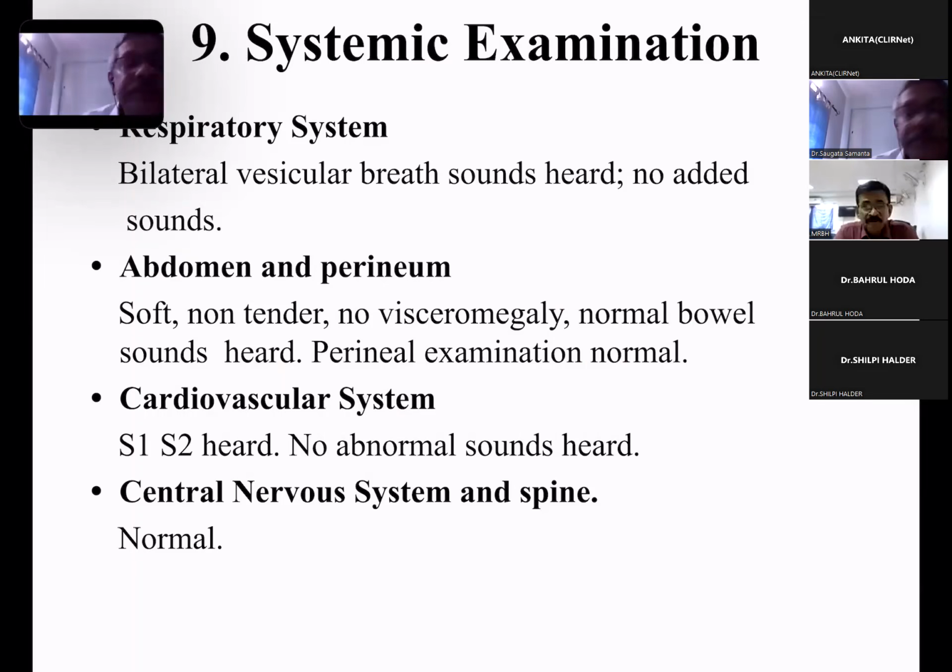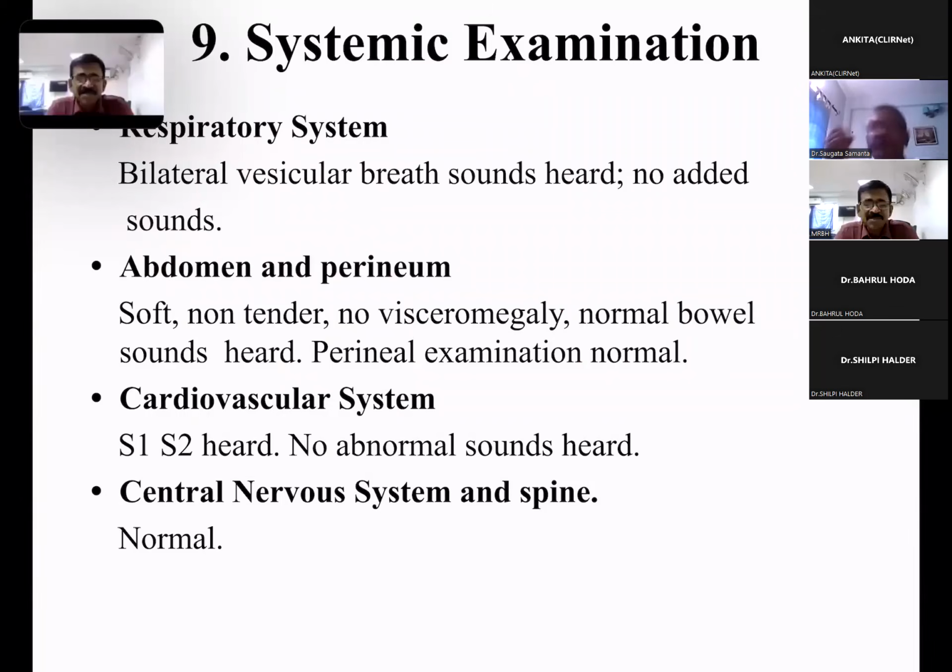You cannot ignore all this. So what do you feel? Is it just a non-healing chronic ulcer, or has the patient got some other associated finding to be cleared? Sir, in this patient there was a history of only mild fever, 15 days ago. So the patient has fever, pain, swelling around the ulcer.